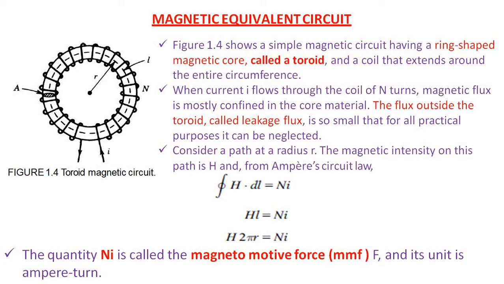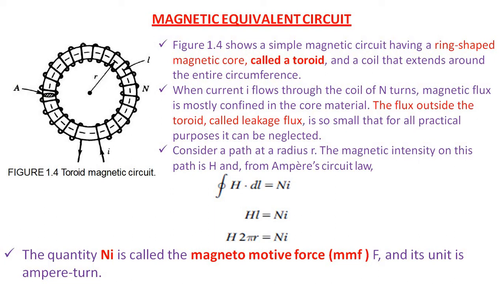The flux outside the toroid, called leakage flux, is so small that for practical purposes it can be neglected. Consider a path at a radius r. The magnetic field intensity on this path is H, and from Ampere's circuital law, closed integral of H dl is equal to NI.